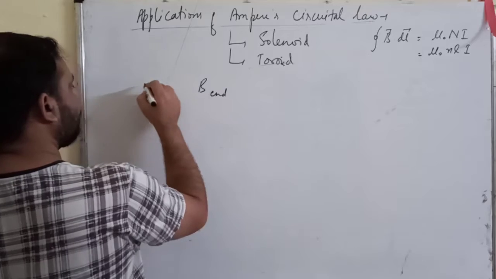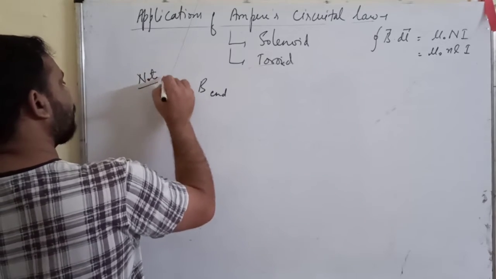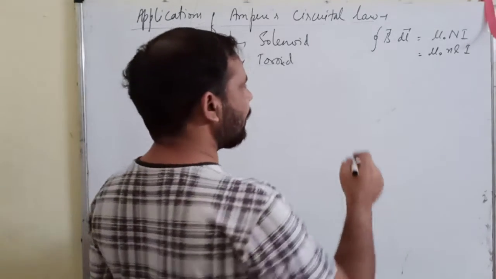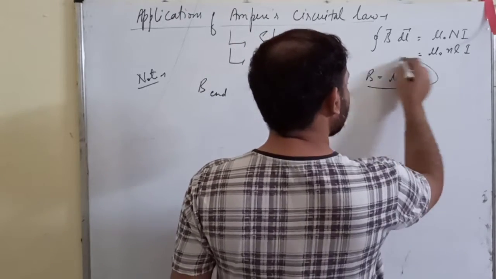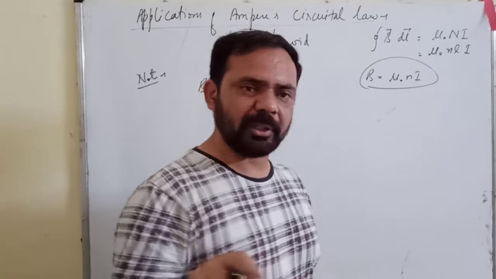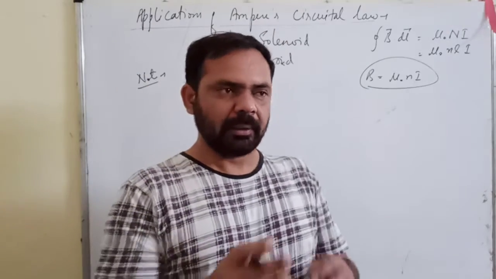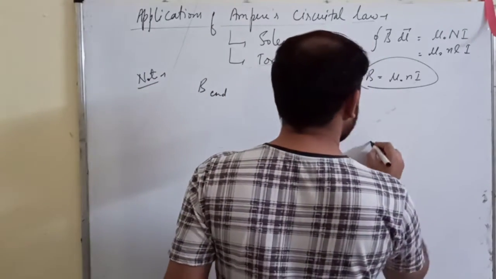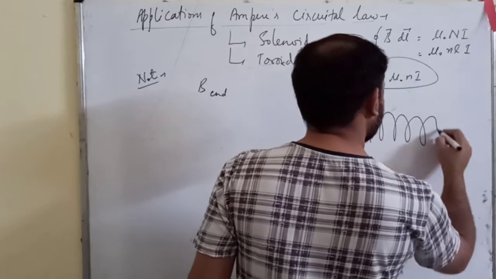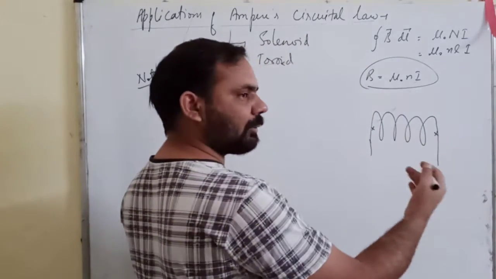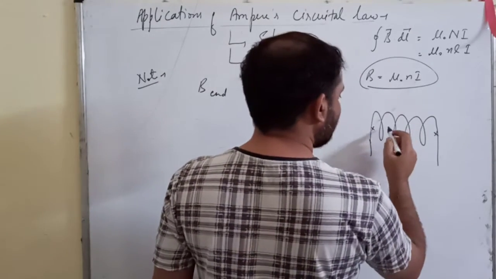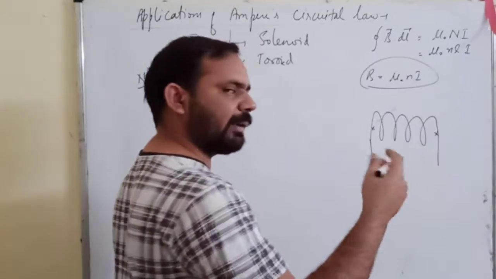There are some notes you can note down: B equals mu naught n I is the expression for magnetic field for those points which are well inside the solenoid. Suppose you have the solenoid, then you have this point and this point at the end of the solenoid. This expression is for the points which are well inside the solenoid.